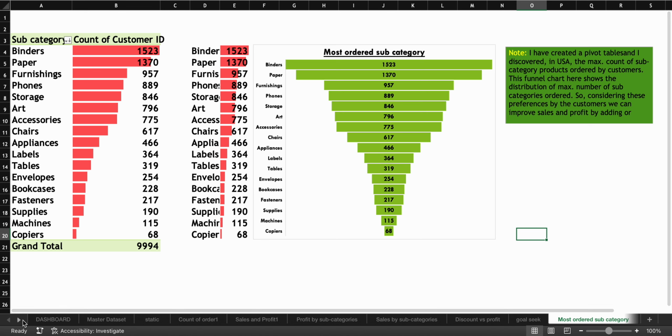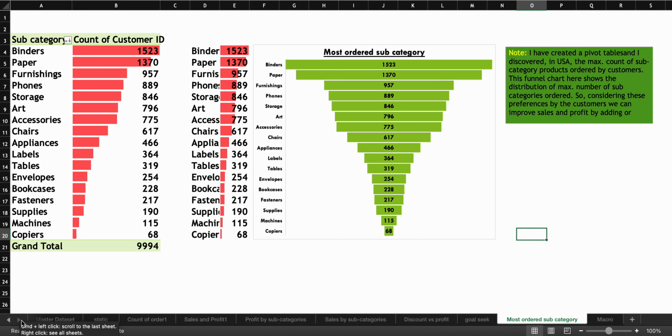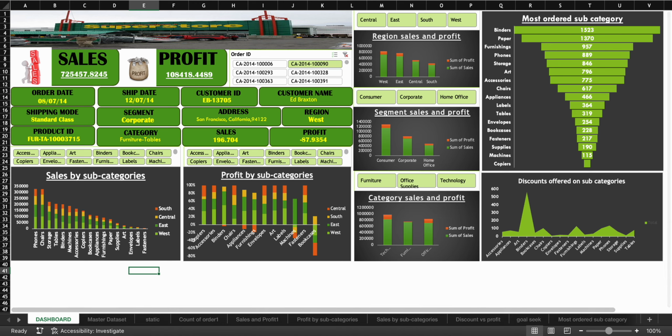After this, I have created a dashboard for this superstore sales. I've designed it in this way, where it includes sales and profit in terms of these regions. See, if I click central, in the central region the sales and profit is this much. The east region, the sales and profit, you can see, okay, the south and west, right?